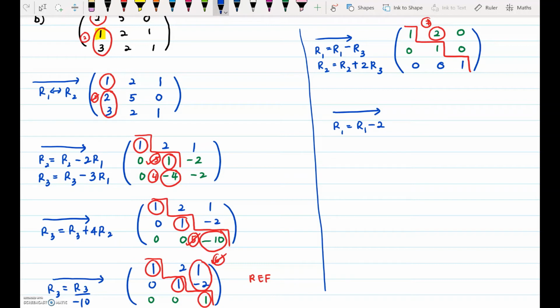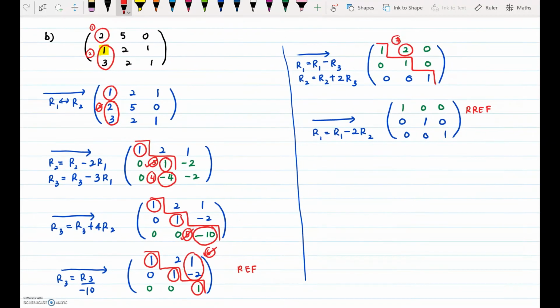So the leading one is in your second row. Okay, so now we will have 1, 0, 0, 0, 1, 0, and 0, 0, 1. So this is your RREF.